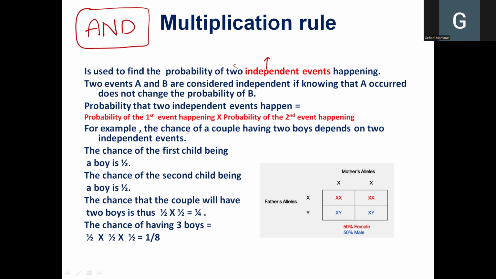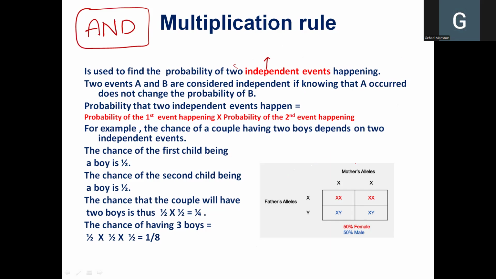This means that the occurrence of the first event does not nullify or annul or change the possibility of the second event, meaning that if I meet Sarah in the street, this does not imply that it is impossible to meet Malak.